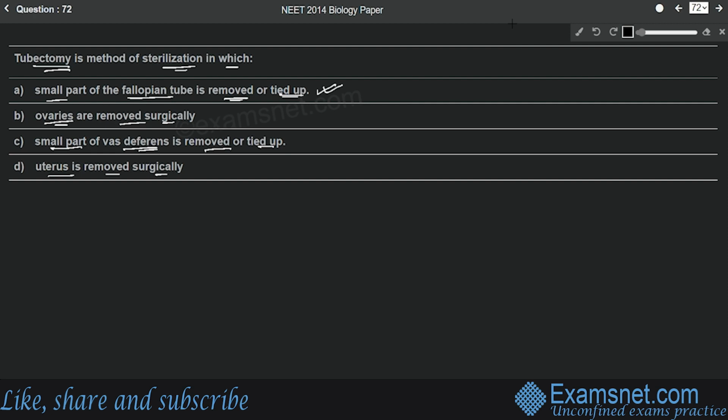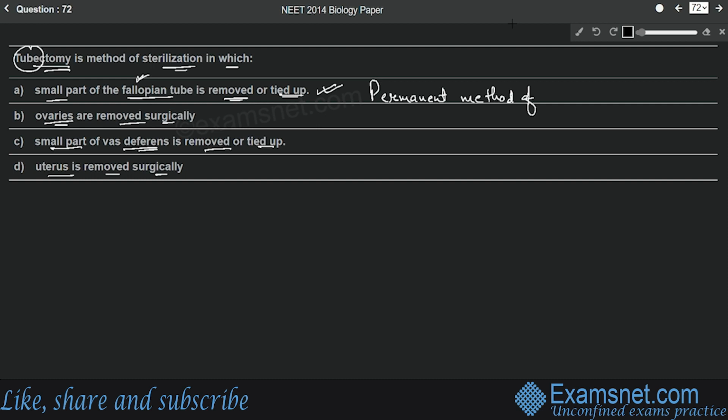This is the simple definition of the tubectomy. Tubectomy because it involves the removal of the tube, that is the fallopian tube. Okay, so the part of the fallopian tube is cut and tied up in case of tubectomy, and it is one of the permanent methods of contraception in females.